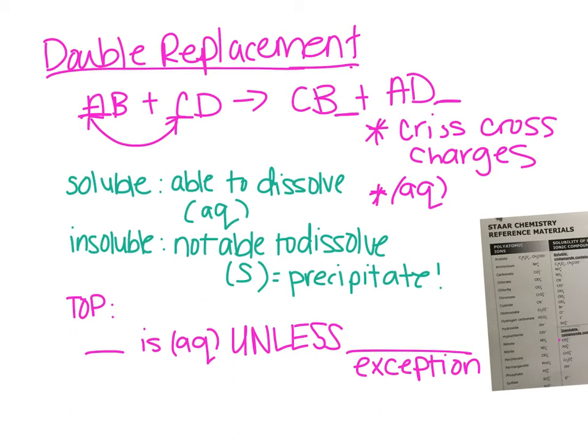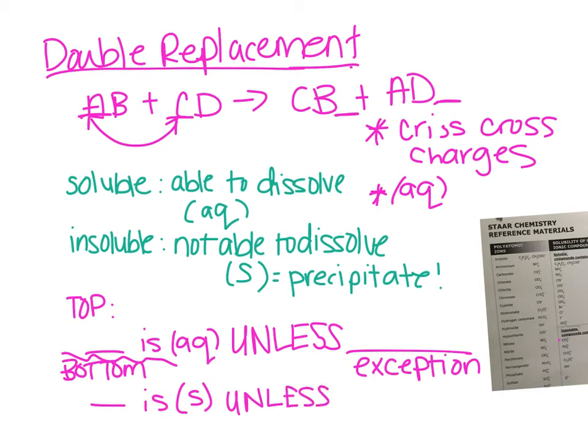Some people feel dorky saying that sentence, and then they don't do it, and then they mess up. So just get over it. We're all in the same challenge right now. So say the sentence to yourself. It literally helps. All right? The bottom part of the chart where it's talking about insoluble, you're saying "blank is solid unless," and then you say your exception.